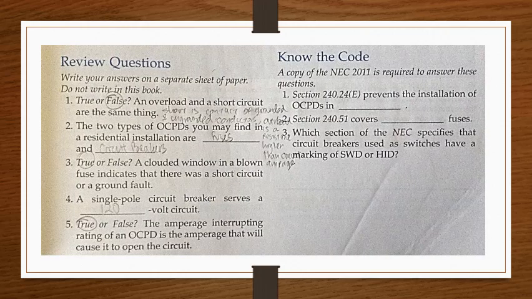Review questions. Number 1, true or false, an overload and a short circuit are the same thing. That is false. A short is contact of grounded and ungrounded conductors, and an overload is a resistance higher than the circuit amperage.